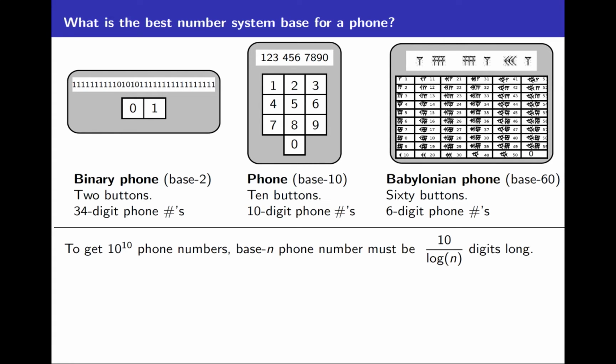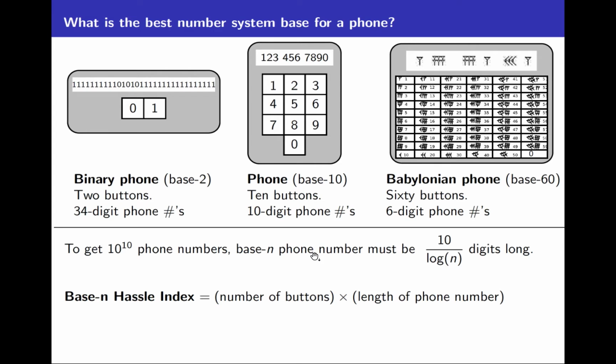Now, more buttons means more choices each time you punch a key. Slightly more mental effort, and a greater chance for mistakes. More buttons is more complex, more of a hassle. But compound that by the number of digits in a phone number. Let's define the base n hassle index to be the number of buttons times the length of the phone number.